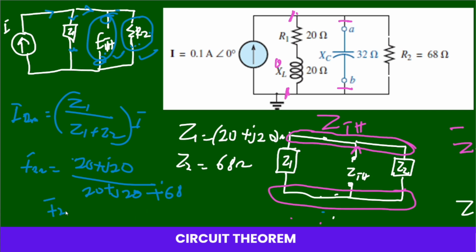And that will give us the I2 ohms to be equal to, multiplied by the current. And the current is actually given as 0.1 angle 0 degrees. So if you have 0 degrees, you can just ignore it, but you can just write it too.